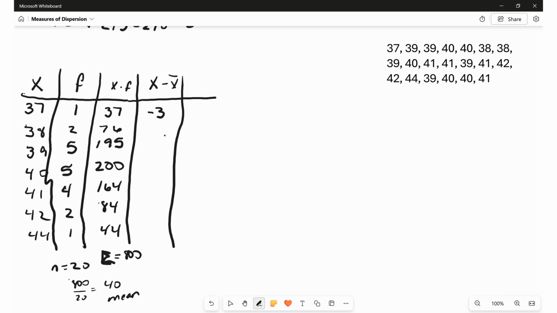So we end up with 3 below, 2 below, 1 below, exactly the mean, 1 above, 2 above, and 4 above. Now we can square all of these so that we can begin to standardize this. So we get 9, 4, 1, 0, 1, 4, and 16.